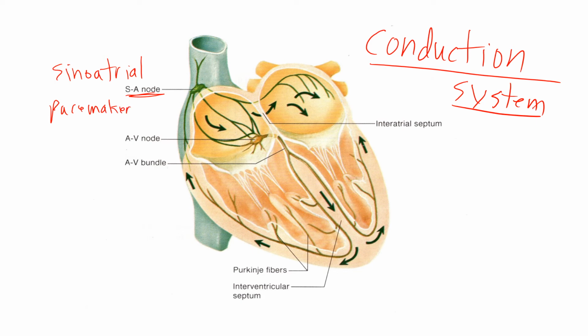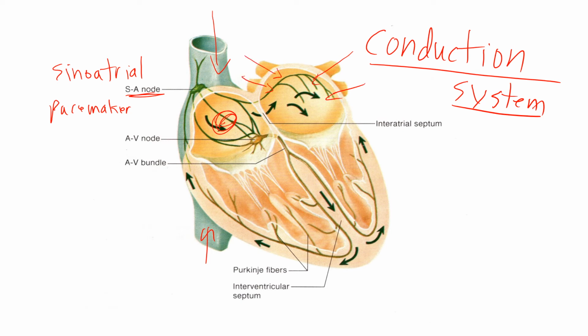It actually makes an impulse and sends that out through these fibers. And this is cool. We have in this chamber right here, okay, right atrium, blood collecting from above and from below, and blood is coming back from the lungs from the left side and from the right side.